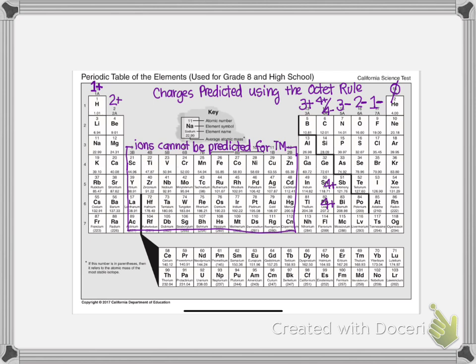So, big picture. You need to understand the octet rule. You need to understand what it means when it says they'll lose or gain to have the same electron configuration. So conceptually, you need to understand that. Practically, in a lot of the things that we do, you need to be able to predict the charges of the representative elements.